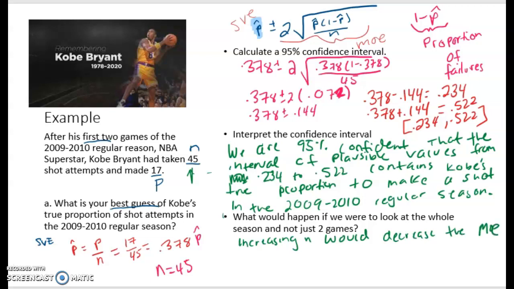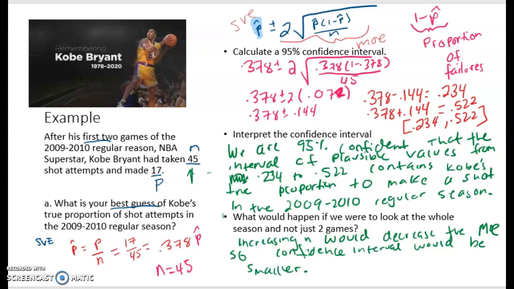Okay, so then your confidence interval would be smaller. So if you ever increase your n, that's going to decrease the margin of error and create that smaller confidence interval that's getting closer and closer to what we think is the true proportion.